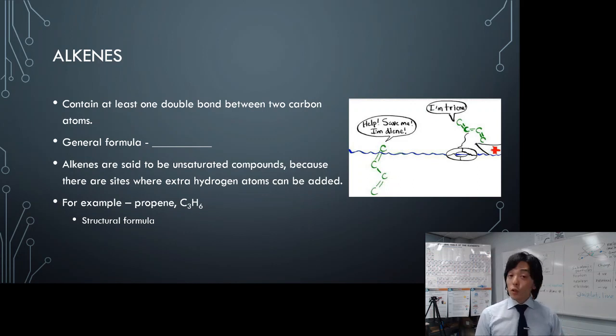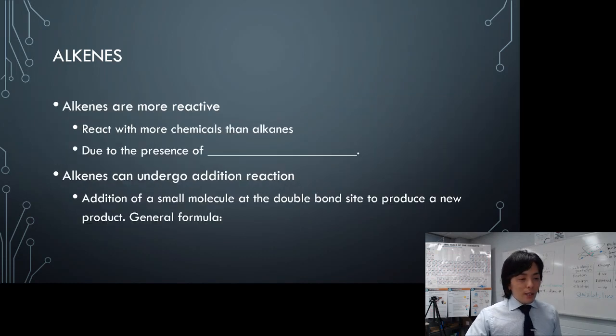You can draw the structural formula. Now, because of the double bond, one of the bonds can break and grab onto some things, it can do what's called an addition reaction. Alkenes are more reactive because of the double bond, and one of the bonds can break. So due to the presence of the double bond is what you should put down up there.